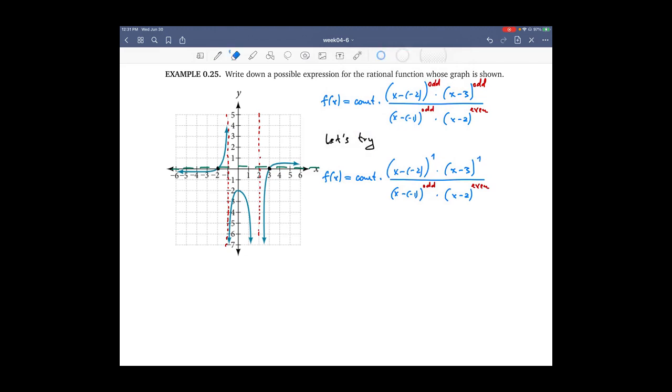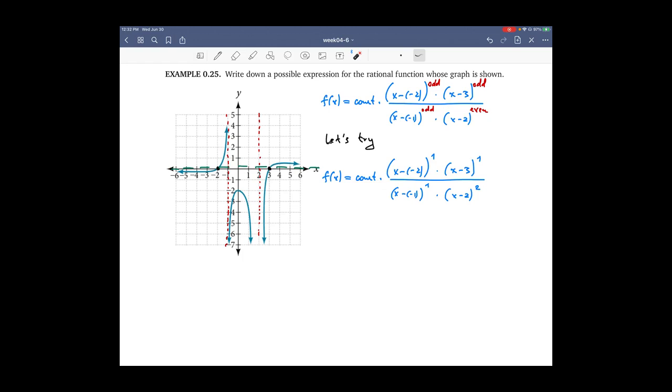This power is also 1. And the other power is 2. So I took the smallest possible choices and note that the degree of the denominator is greater than the degree of the numerator. That will make the x-axis a horizontal asymptote.